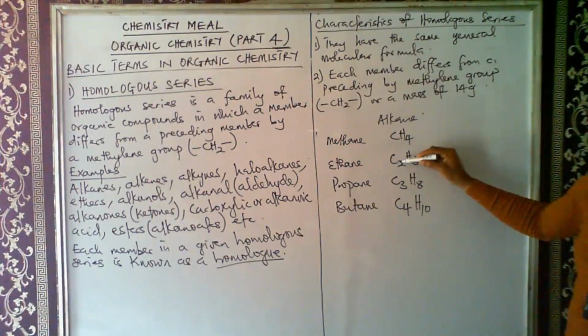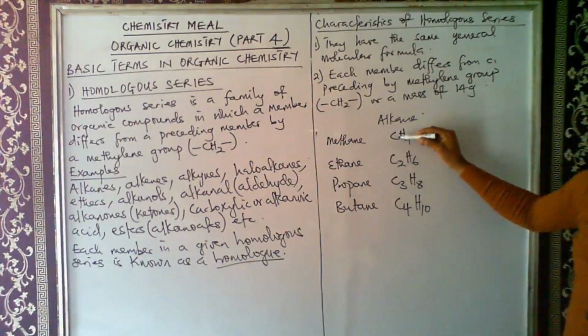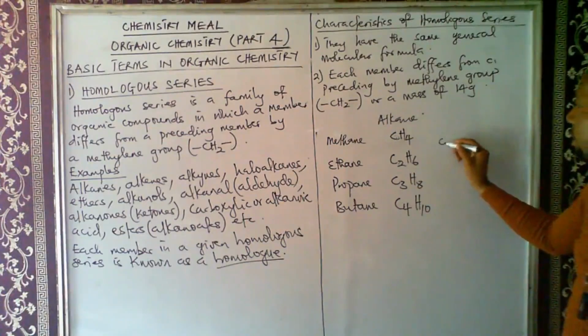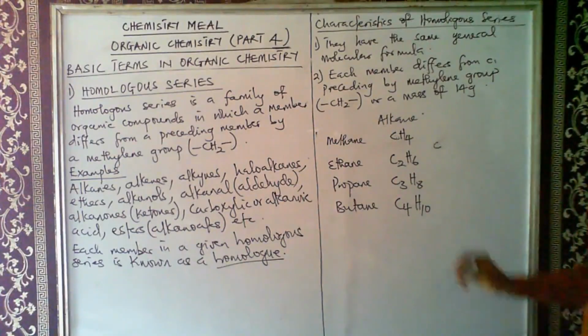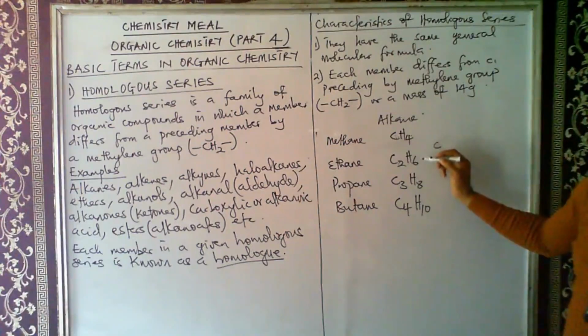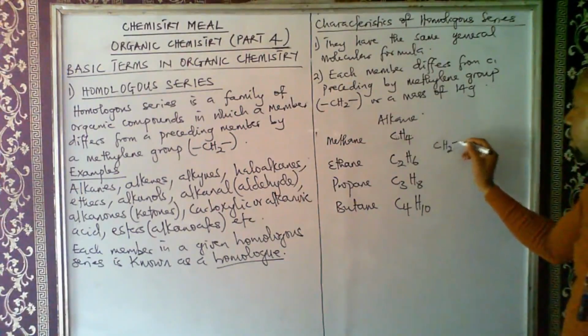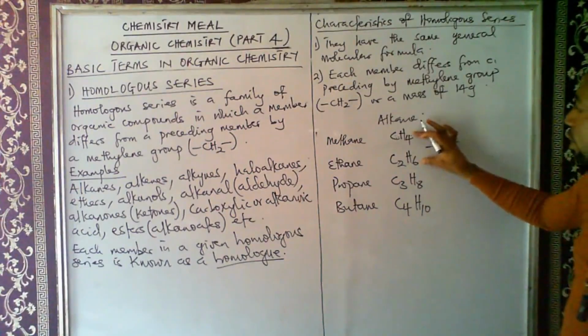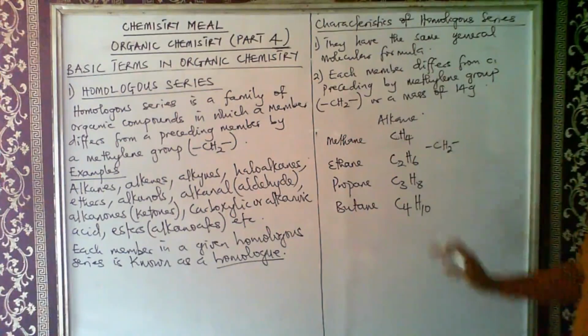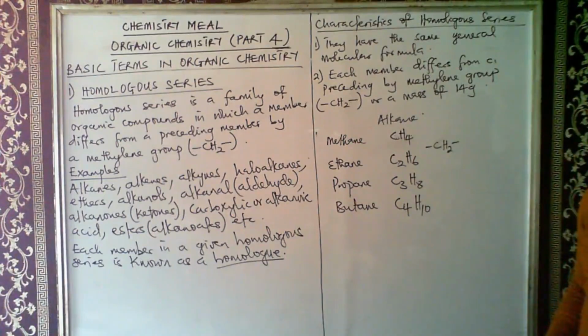This has 2 carbon, this one 1 carbon, so the difference is 1 carbon. And then 6 hydrogen, 4 hydrogen, the difference is 2 hydrogen atoms. So the difference between this and the member after it is CH2. That's the methylene group.